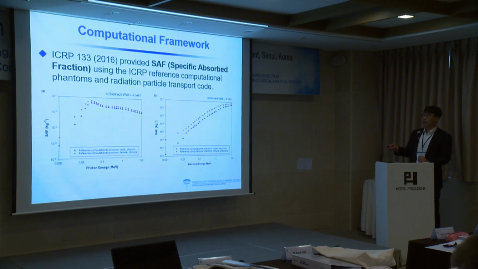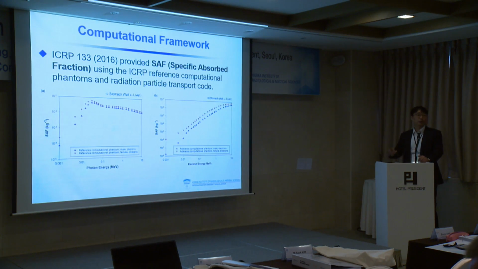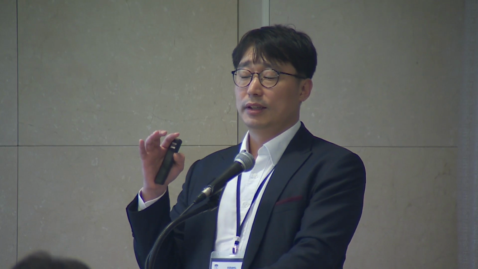And this is the same, where the source region is liver and the target region is stomach wall. In this case, the specific absorbed fraction of the electron is like this graph. So anyway, ICRP provides the SAF values of all the radionuclides of interest.